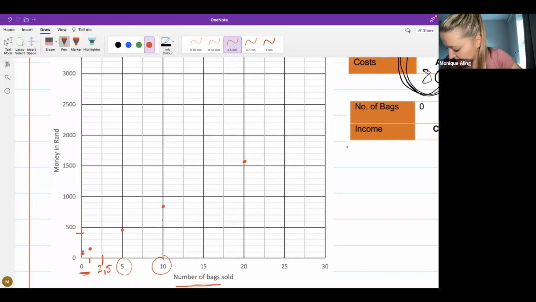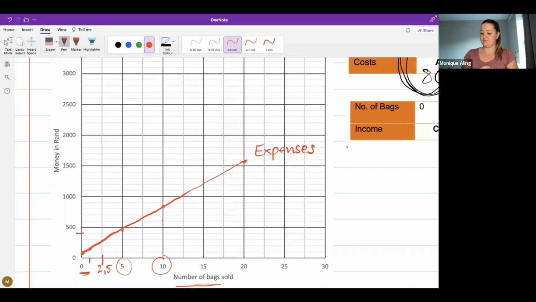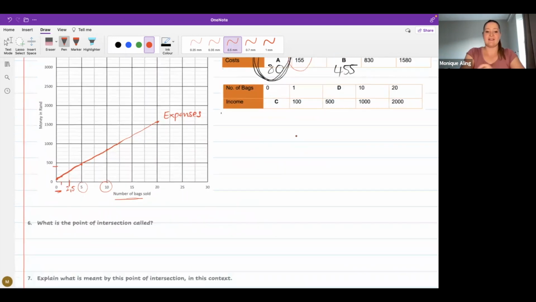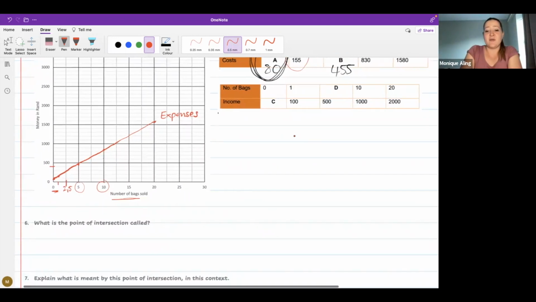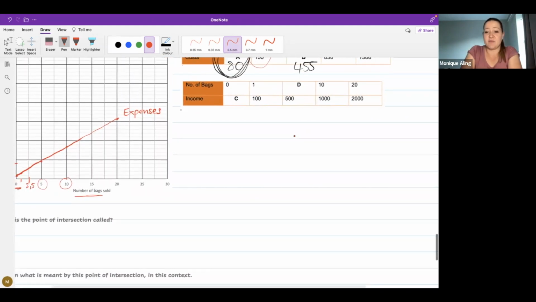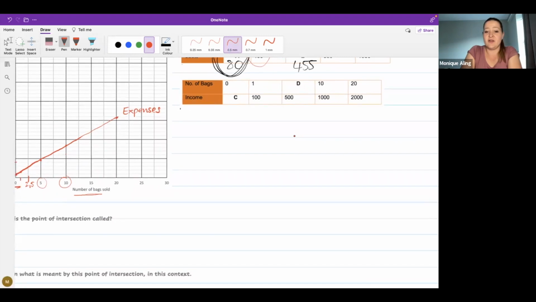You'll join these lines and you'll get a straight line, and don't forget to label. Okay, then just purely because of time, I'm going through it quite quickly instead of you guys doing it by yourselves from the get-go.